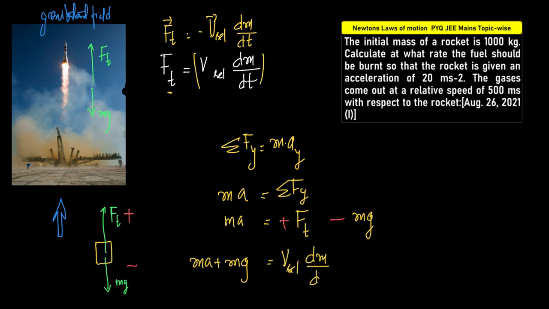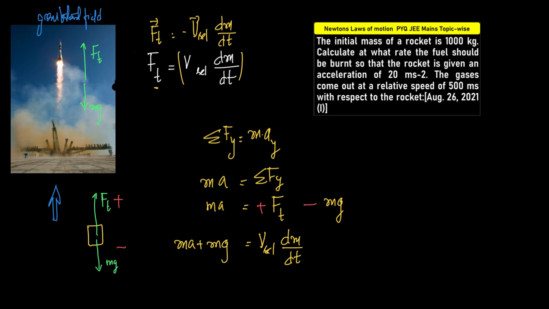We can take m common here. The mass is 1000 kilogram, so it's 1000 into the acceleration, which is 20 meter per second square, plus g, the value of g being 10, equal to V relative, the relative speed of 500 meter per second with respect to the rocket, so 500 into dm by dt.